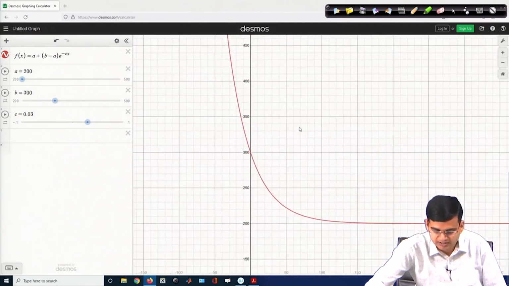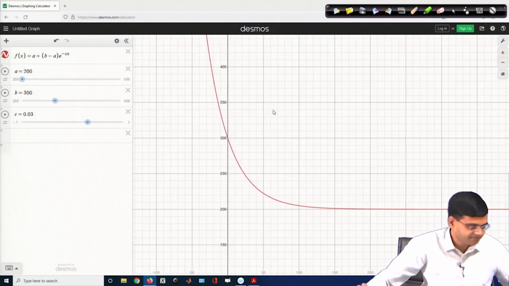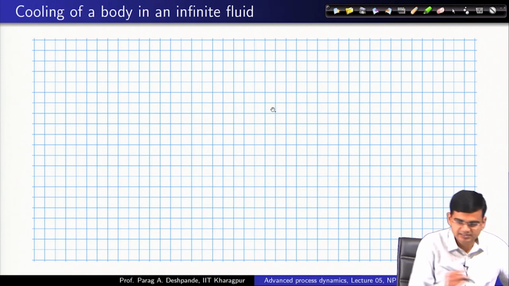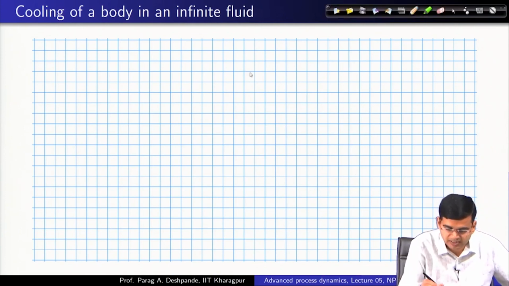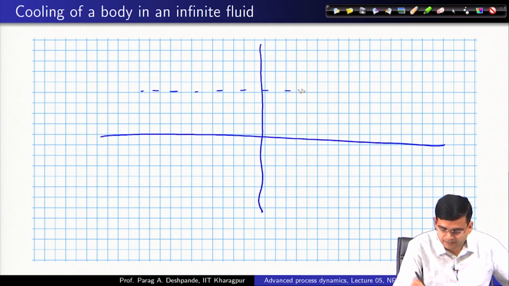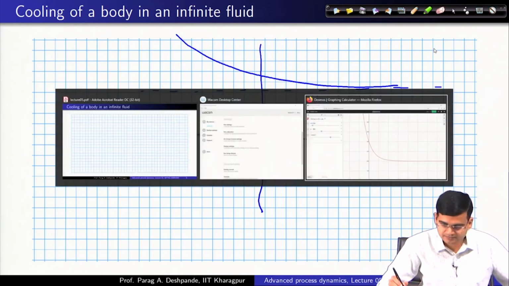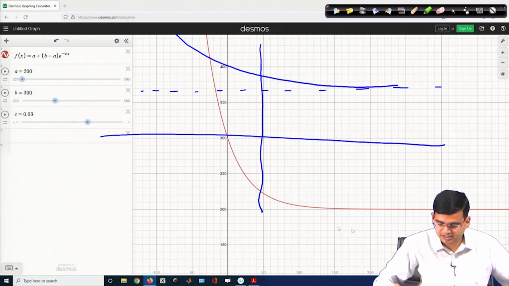So, the overall response is like this, and do we see this in this particular model? Yes, what we saw was this, and this is exactly what you see in here also. You see it reducing.